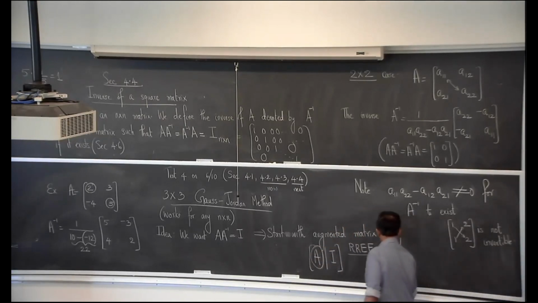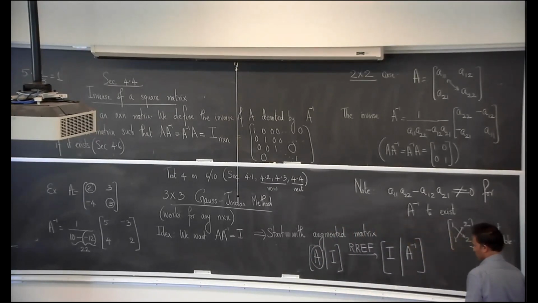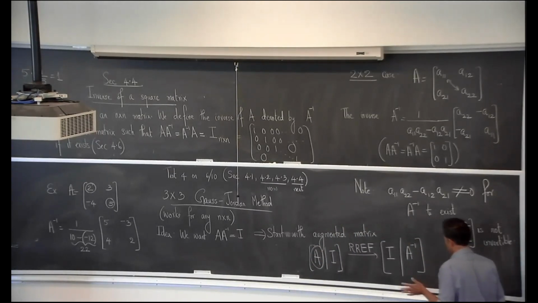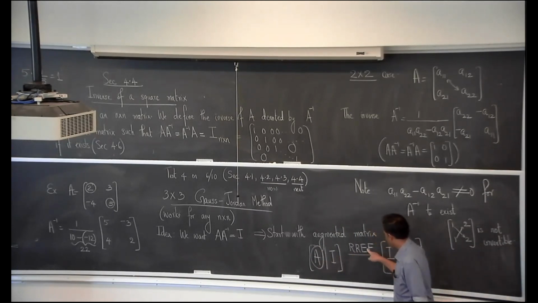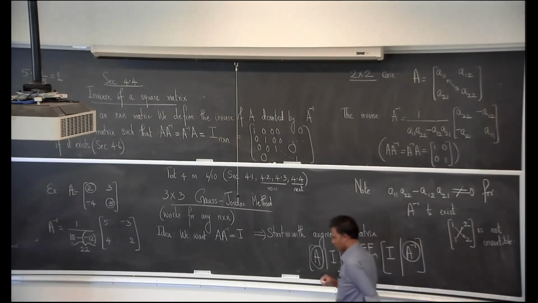And whatever you get on this side is automatically going to be your A inverse. Guaranteed. Again, today we are doing problems which are guaranteed to give you inverses. So assuming these are all nice matrices, if you do the correct RREF for this particular augmented matrix, the right-hand side here would be the A inverse. That is the method behind the Gauss Jordan process.